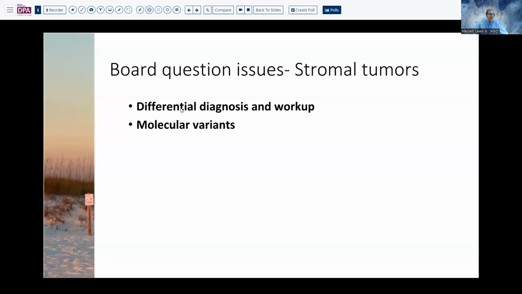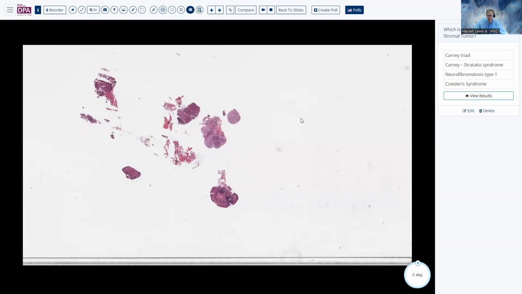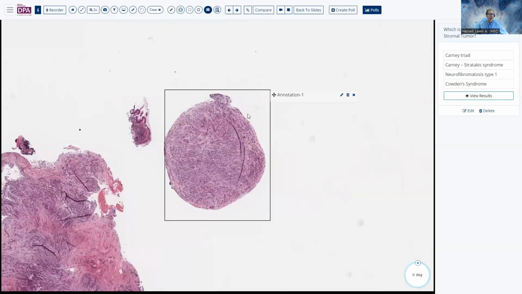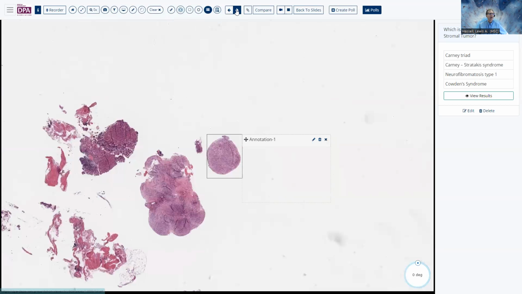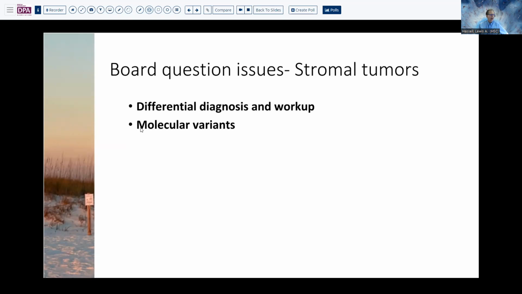In terms of workup, we've talked about that, differential diagnosis, molecular variants. It is important to recognize that it's not just c-KIT mutations that are associated with GI stromal tumor, but that you can also get it in association with PDGFR alpha, but also being aware that succinate dehydrogenase mutations and so forth can also be associated with GI stromal tumors.